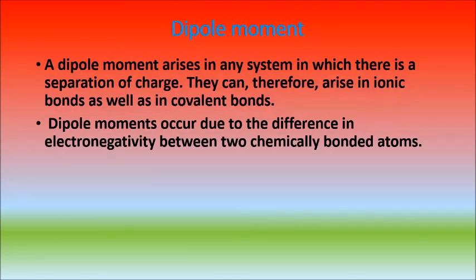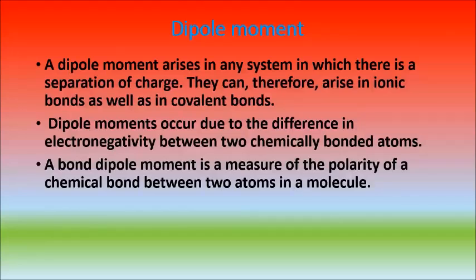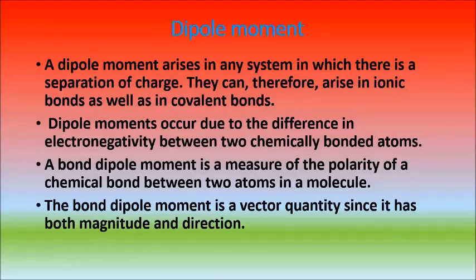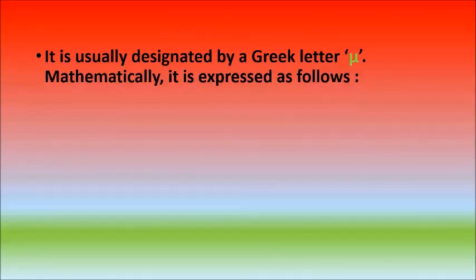Dipole moments occur due to the difference in electronegativity between the two chemically bonded atoms, and it is a measure of the polarity of a chemical bond between two atoms in a molecule. It is also a vector quantity since it has both magnitude and direction. It is usually designated by the Greek letter mu.